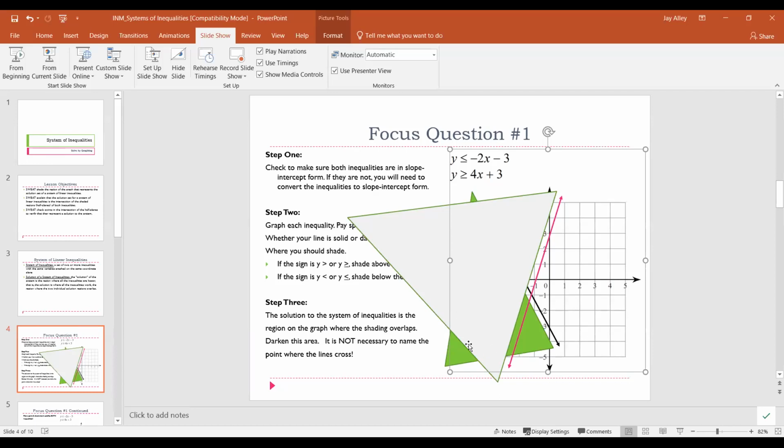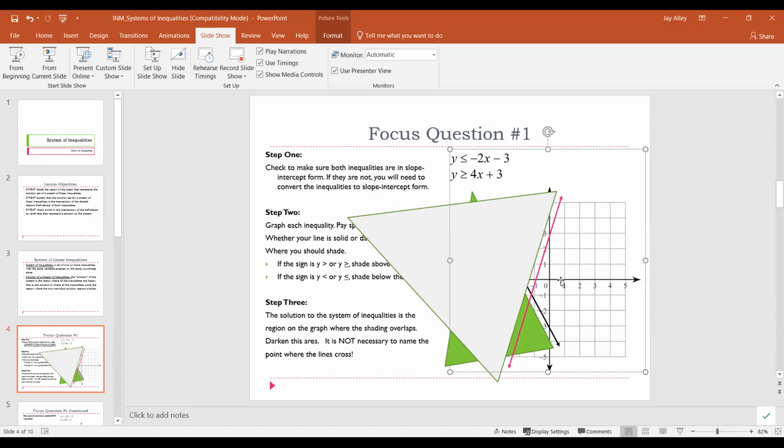Now, this one over here on the left really should be under the gray. If I had it on a piece of paper, it would be obvious. But this area down here, between the red and the black, is only a solution for one of these, so it doesn't count. We don't care about it. All the rest of this area out here to the right is like no man's land. That's not a solution for either one of them.